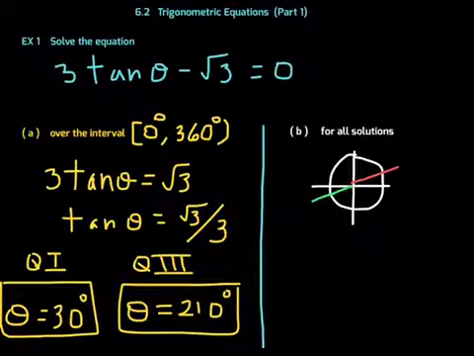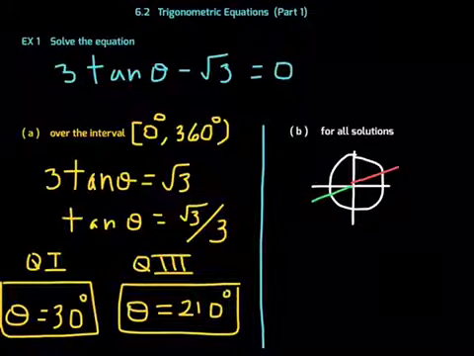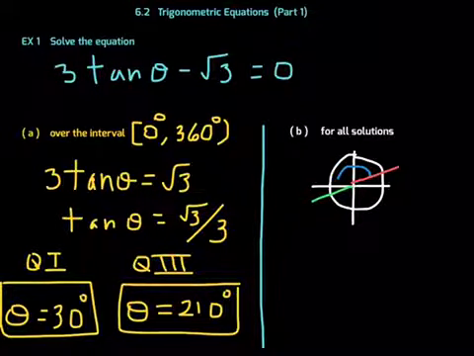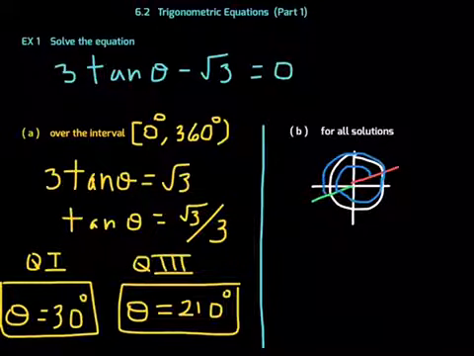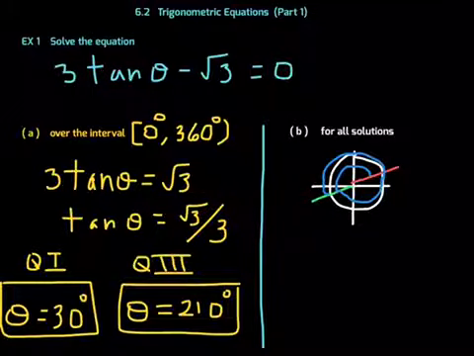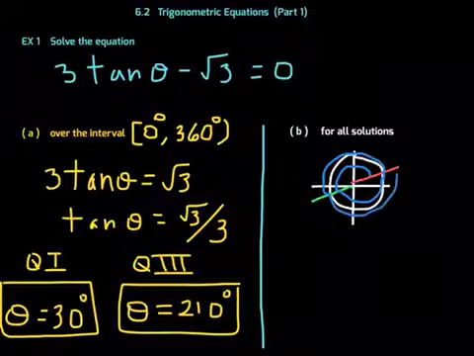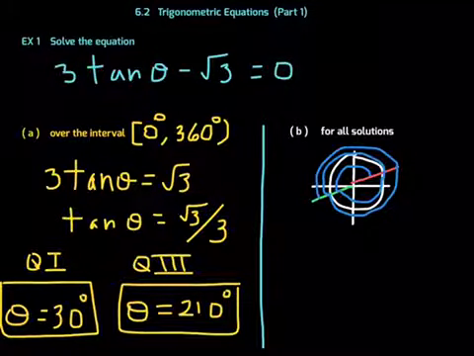We can get every single solution if we start here at 30 degrees, add 180, it'll get you the next solution, which is 210, add another 180 degrees, and you'll get a coterminal angle of 30 degrees. Add another 180 degrees, it'll get you a coterminal angle of 210 degrees, right? Add another 180 degrees, it's a brand new solution. Add another 180 degrees, and keep on doing this.